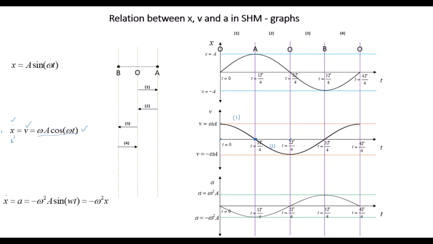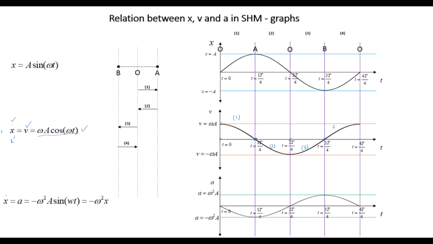Now in part 3, when the object is moving from the point O to point B, we see that the velocity goes on reducing, and when it approaches the point B, the velocity becomes 0, and that happens at time t equals 3T over 4. So the minimum velocity is also observed at point B, and the value of the minimum velocity is 0.